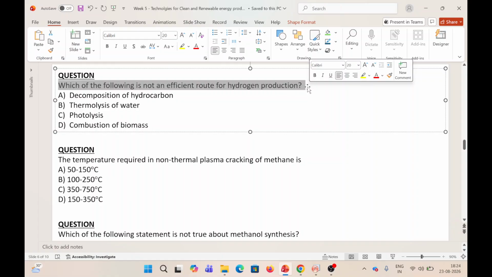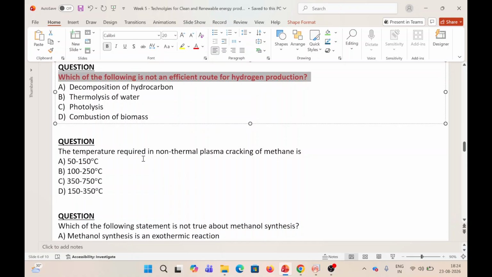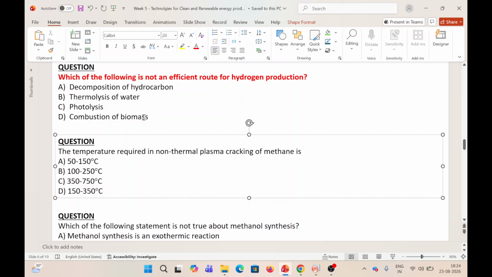You just need to compare different processes for hydrogen production and then let me know the answer. I'm going to mark this question because I need to know why you are telling photolysis is not an efficient route. Is it in terms of the amount of hydrogen that gets produced, or is it more cost expensive?